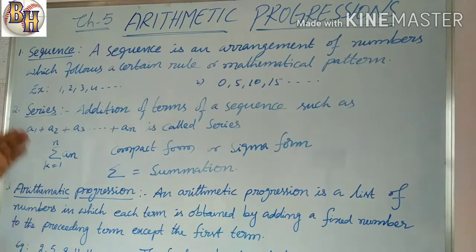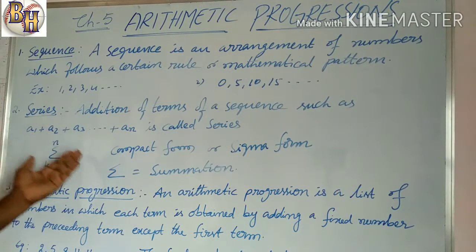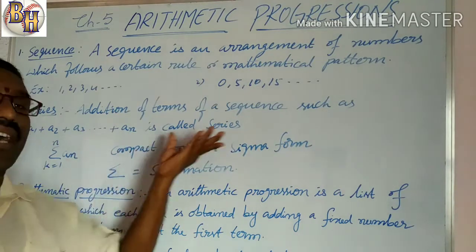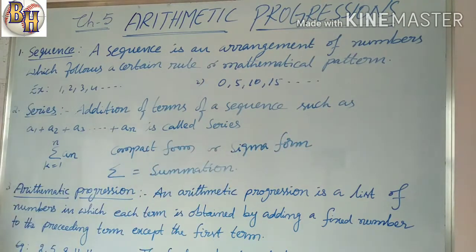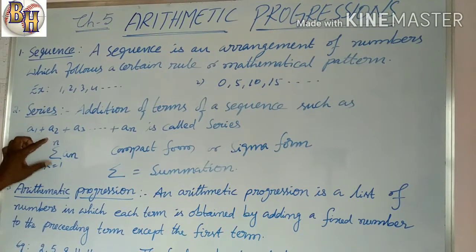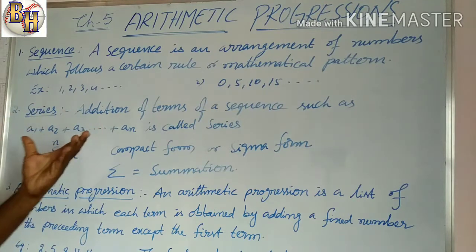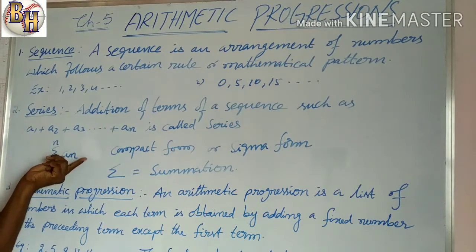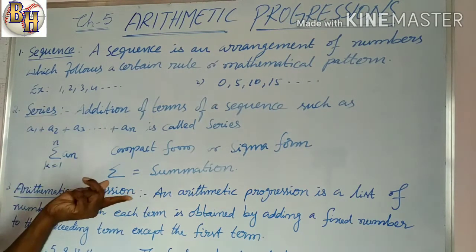See, this is how to denote it in short form. That is the compact form or sigma form. How to denote here? Sigma k is equal to 1 to n. That means k goes from 1 to n, up to n numbers.